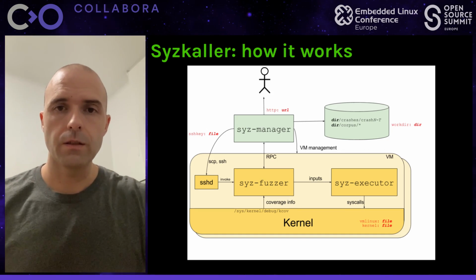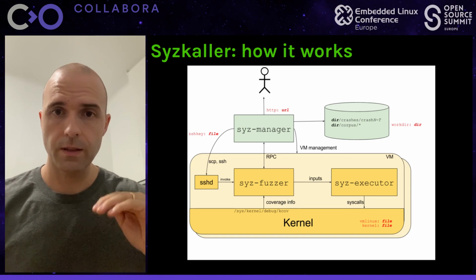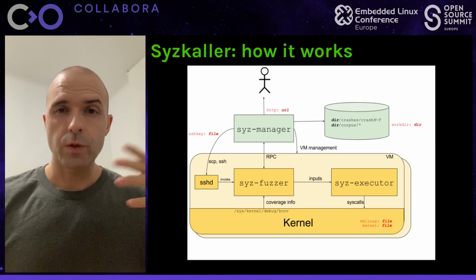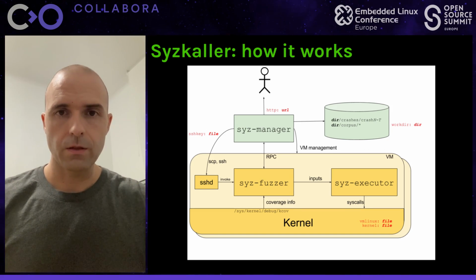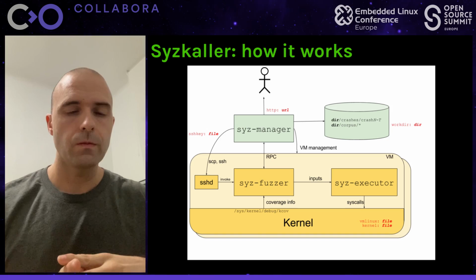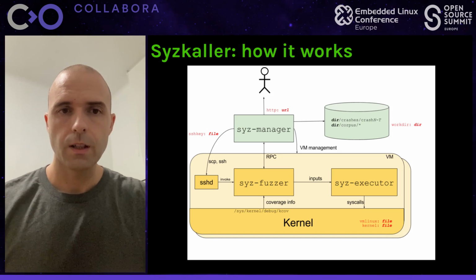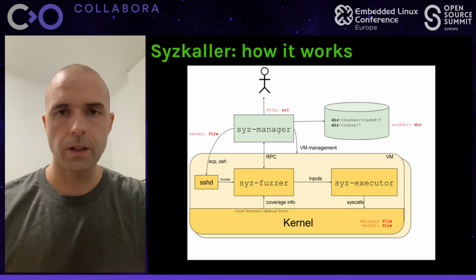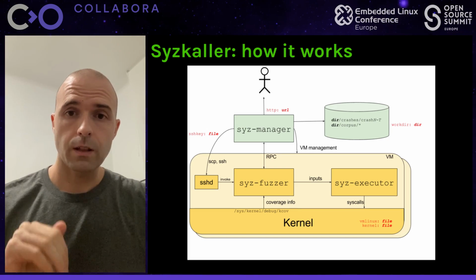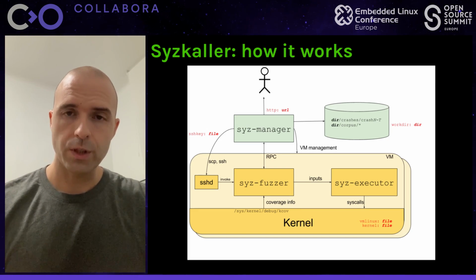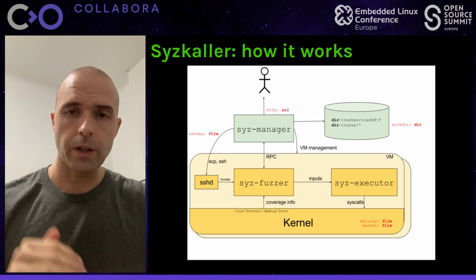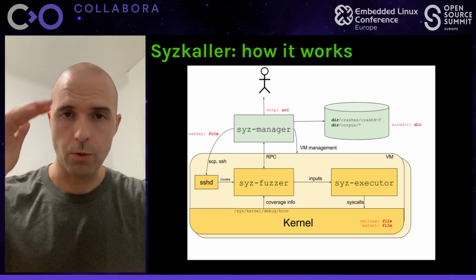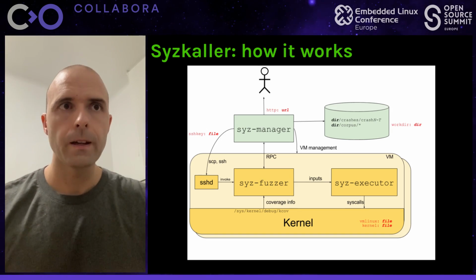So it starts the sysfuzzer processes in the targets and is responsible for the persistent storage of both crash reports and the test corpus. Then sysfuzzer runs inside the test target, which is a completely separate environment from the host where sysmanager runs.